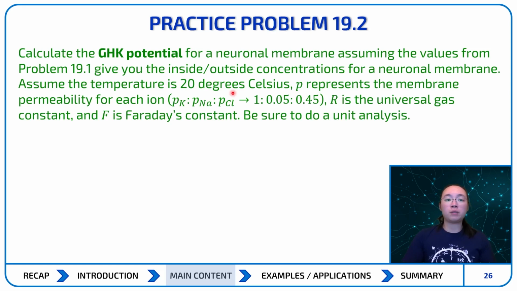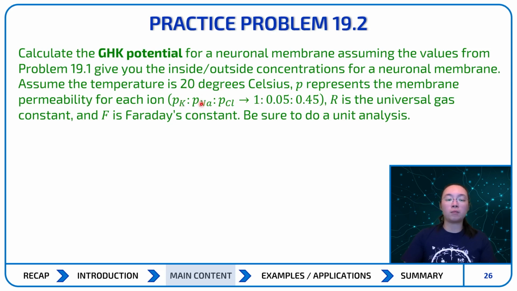Calculate the GHK potential for a neuronal membrane, assuming the values from problem 19.1 give you the inside-outside concentrations for a neuronal membrane. Some additional quantities you might want to know of. Assume the temperature is 20 degrees Celsius. Assume that P represents the membrane permeability for each ion, which are given by this relationship.